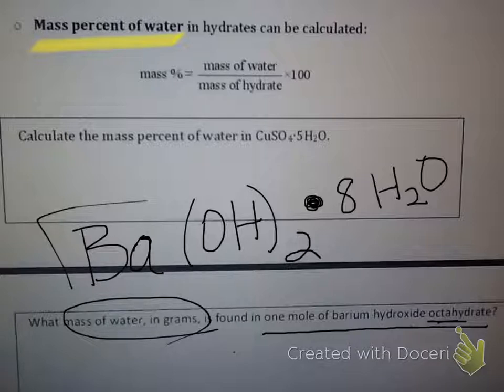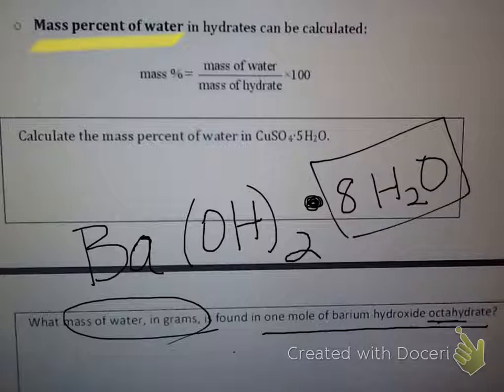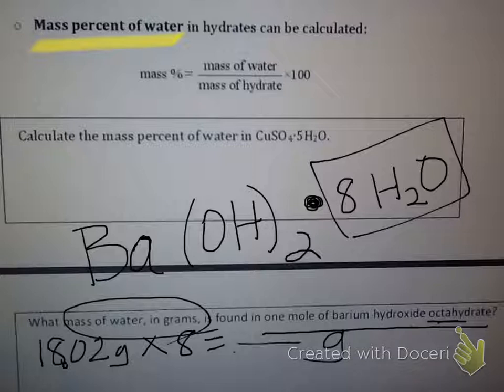If we assume we have 1 mole of this compound, there are 8 moles of water for every 1 mole of the hydrate. If we know that water weighs 18.02 grams for every 1 mole, and we have 8 moles of water bound, then that's the number of grams of water that's bound. I don't have that on me.